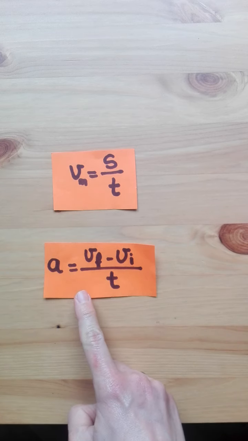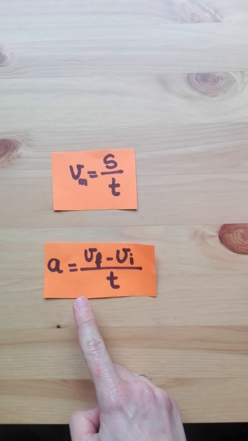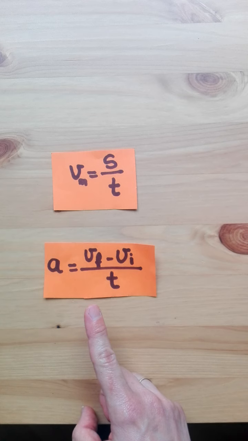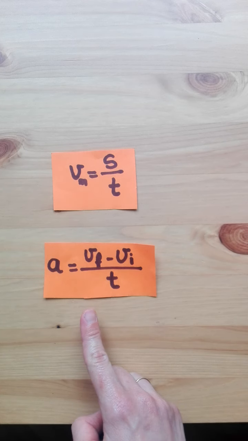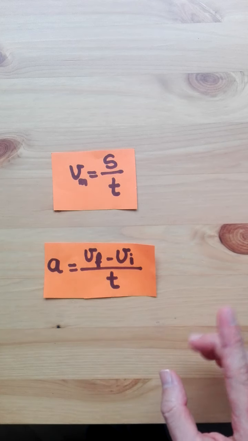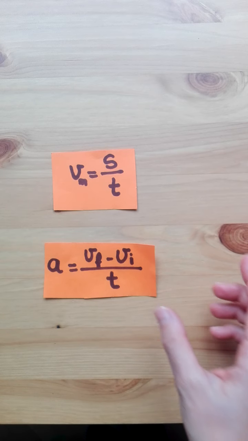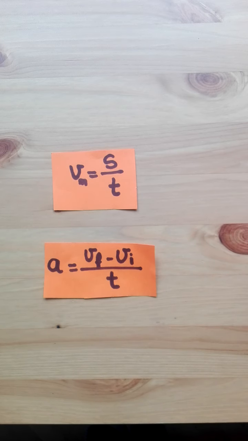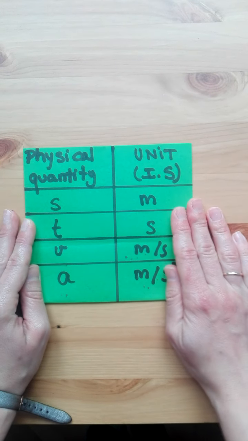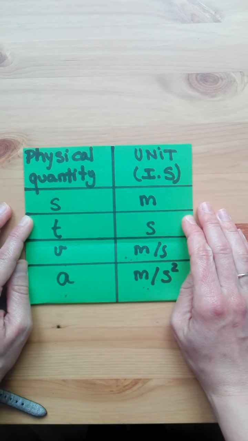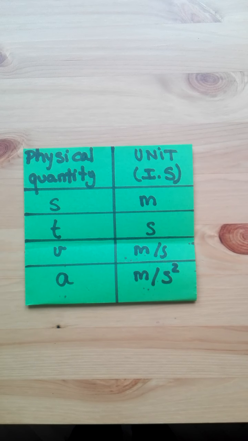And the acceleration is something we are only going to use in the case we have a uniformly accelerated motion, in the case the speed is changing, because in the uniform motion there is no acceleration, okay? Something very important always when you use these equations, the units, okay? That is always very important.